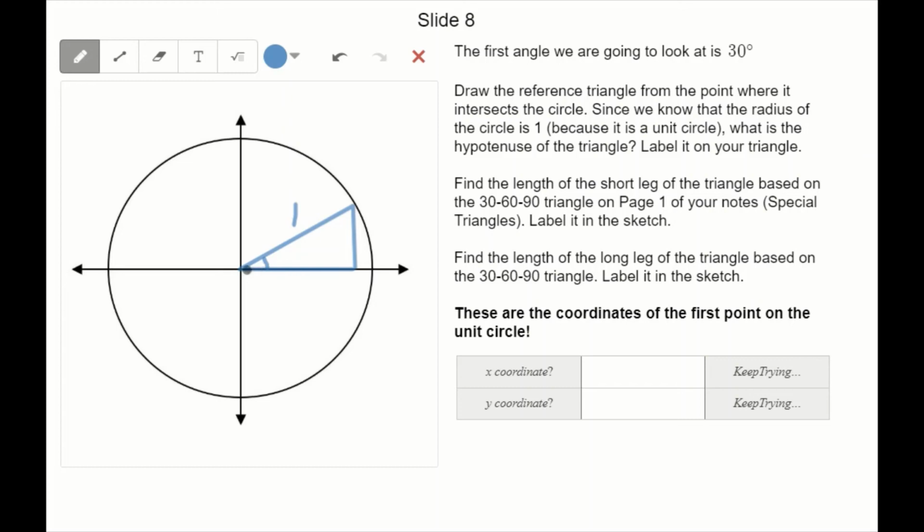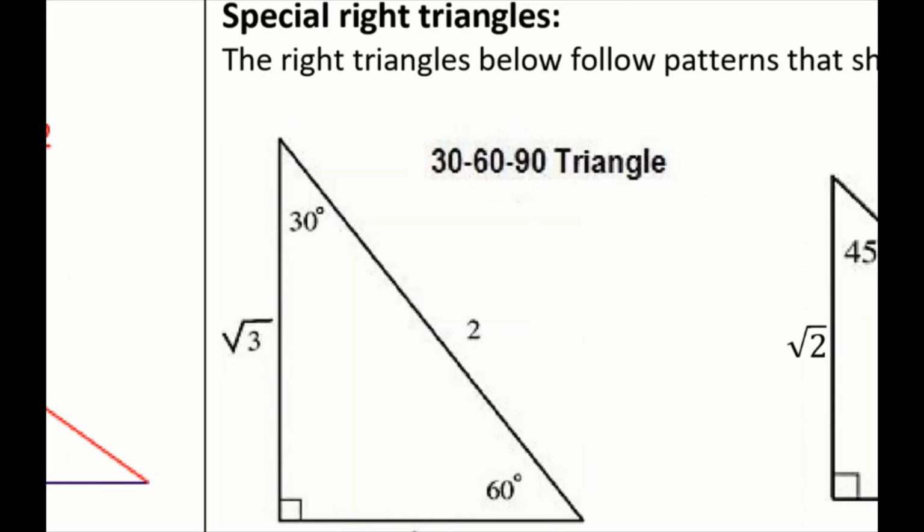So we've got this 30-degree angle. We know the side length here from the 30, 60, 90 triangle in our notes. I'll pull it up. This is the special triangle section on page 1 of the notes.